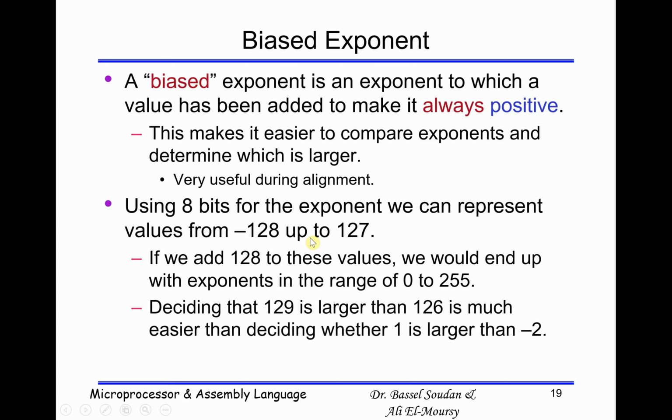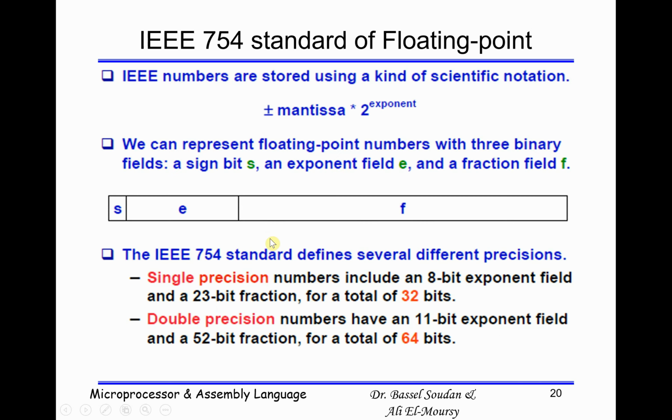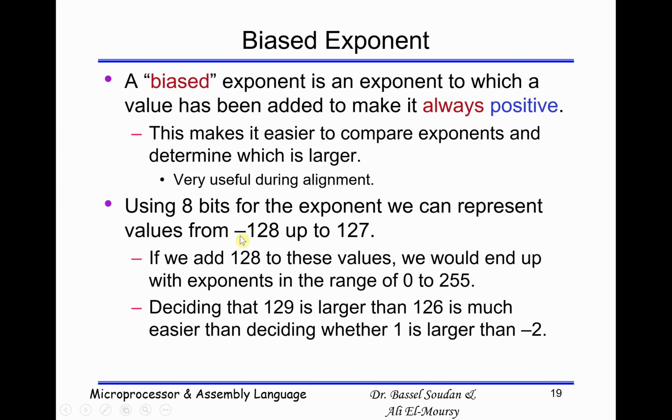If I add to the exponent the largest magnitude of the negative value here, which is 128, the range of values for the exponent will be shifted up to the range from 0 to 255. So although the original exponent is a signed two's complement number, it is stored as if it is an unsigned number, and this process is called what?